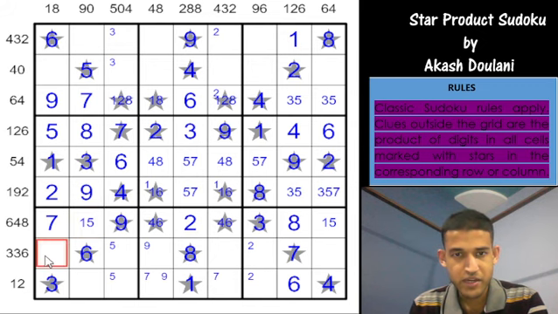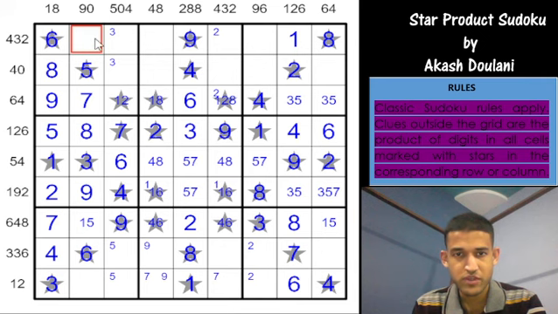Column 1 can be completed now, so that's 4, that's 8, that's not 8 because of this, and 4 in box 1 has only one cell, 4 cannot be in column 3, 4 goes here.